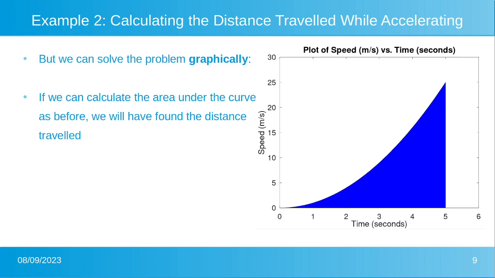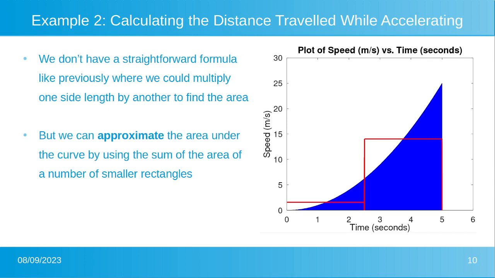So what we want to do here is calculate the area underneath the curve, because if we can work out that area, that'll be equal to the distance traveled by our car. Now we don't have a straightforward formula like previously where we could multiply one side length by another to find the area, because the shape of our curve is more complex now.